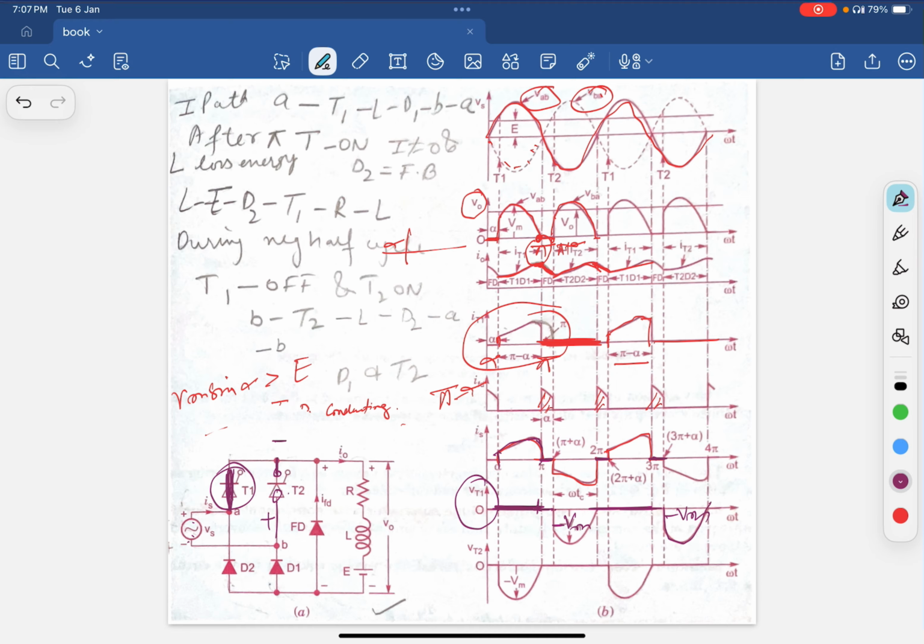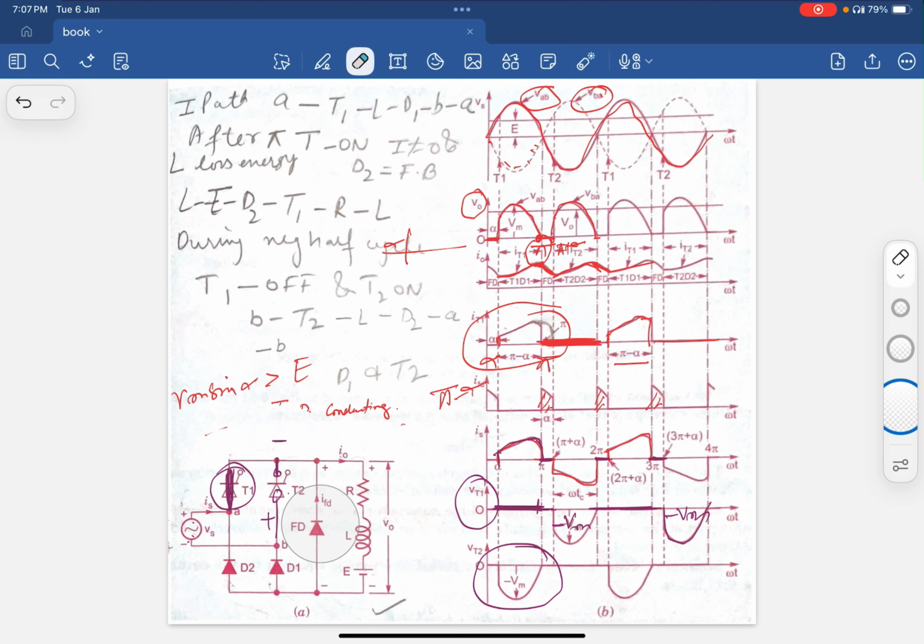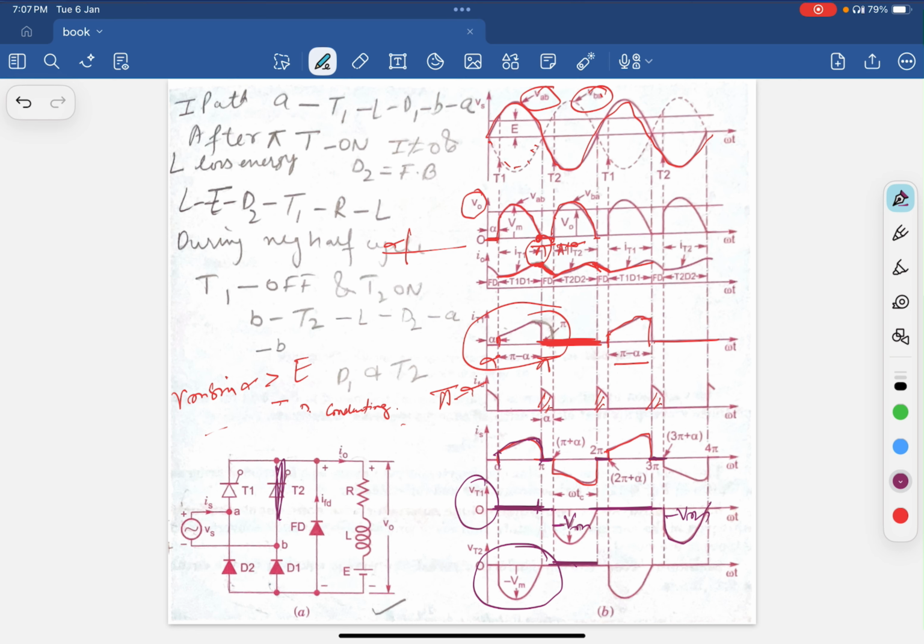Same again, when thyristor T2 is short, the voltage across it is 0. If you look at the voltage across the thyristor T1 at that particular time, it acts as an open circuit, so it has minus Vm. You can see here it is minus Vm.